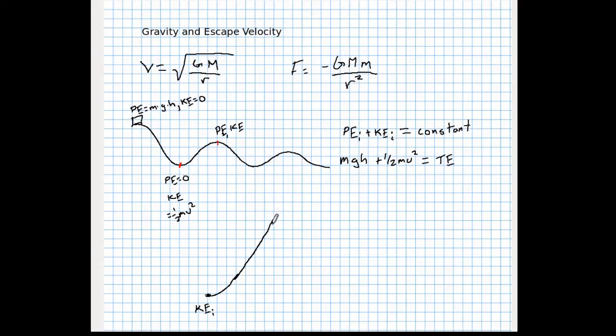So what I want is to imagine I've got this really, really high hill that I want to get up. And I want to figure out how to make it so that my roller coaster will start at the bottom with some initial kinetic energy, some initial velocity, and it will rocket upwards, losing its kinetic energy as it goes, gaining potential energy, and it will have just enough energy right at the start so that when it gets up to that high point, it will not fall back down again, but it'll keep going.